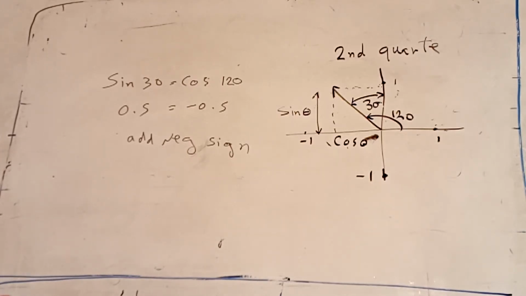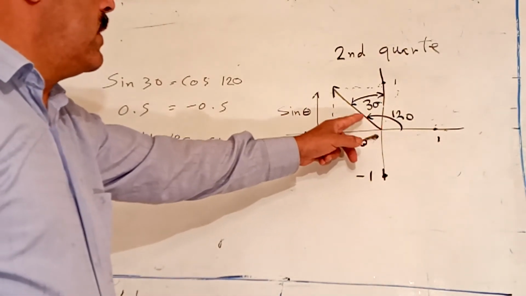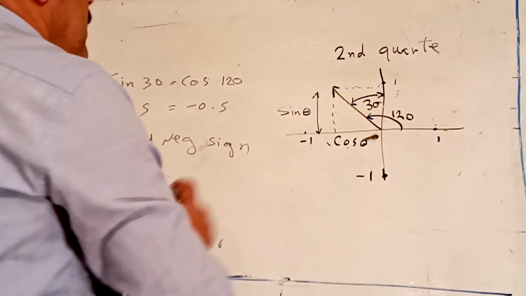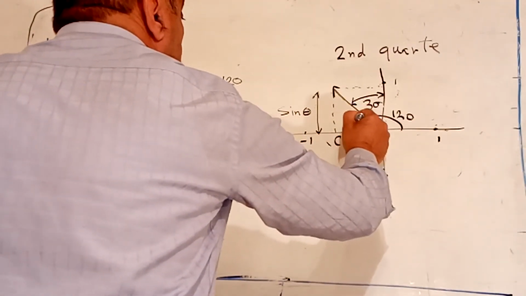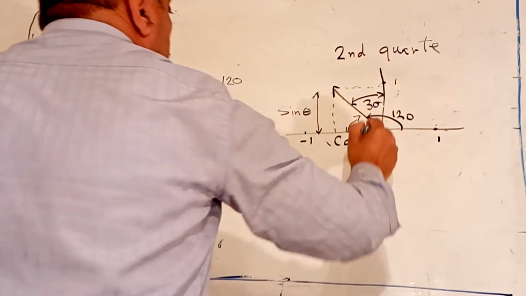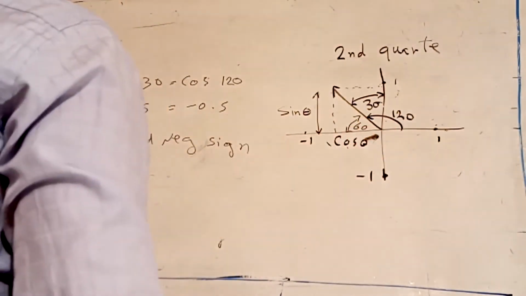You can do the analysis again. This angle is also 60. I could say that cosine 120 is equal to minus cosine 60.